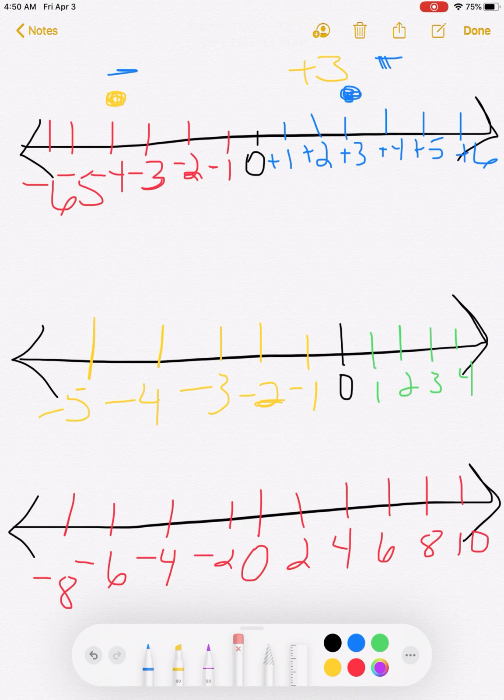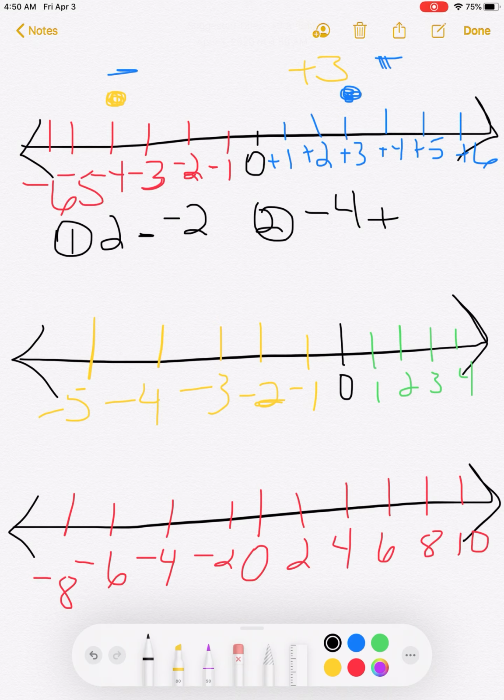Let me give you a few practice problems. Okay? And I want you all to do those. Number 1. Oh boy. Here we go. 2 minus -2. Let me try number 2. -4 plus 7.